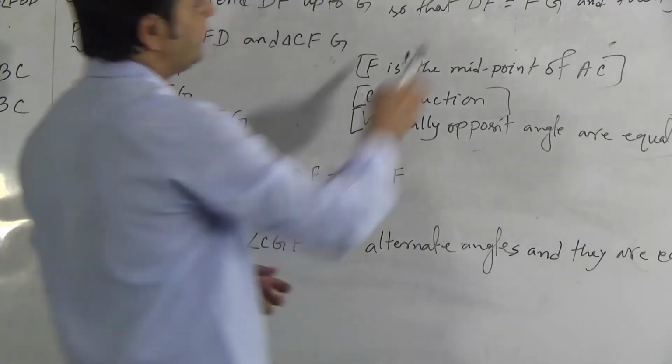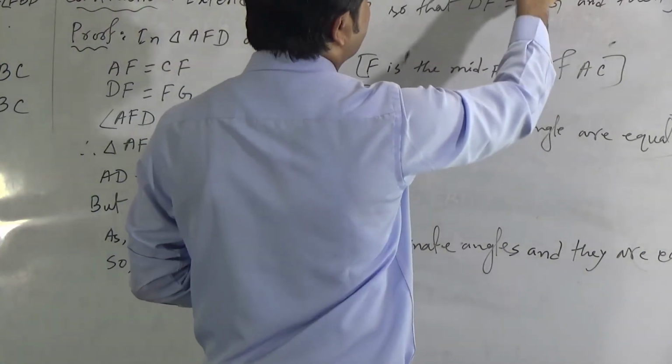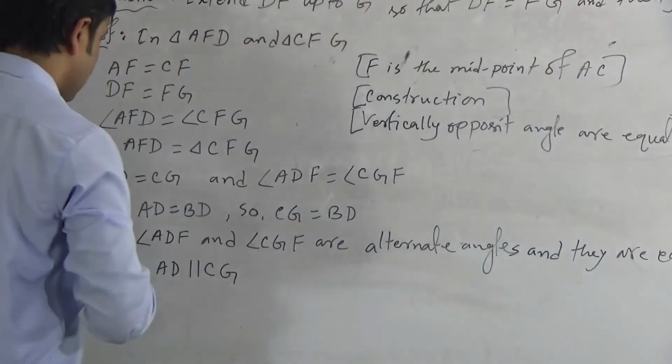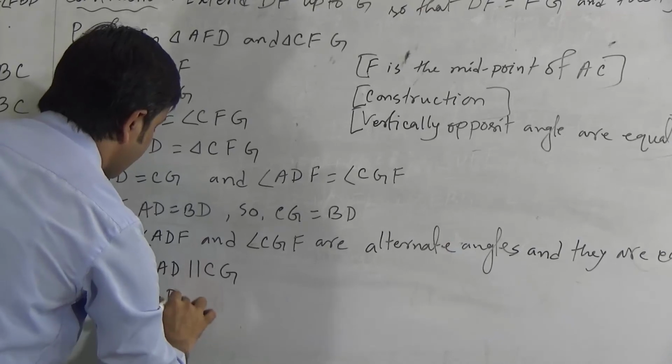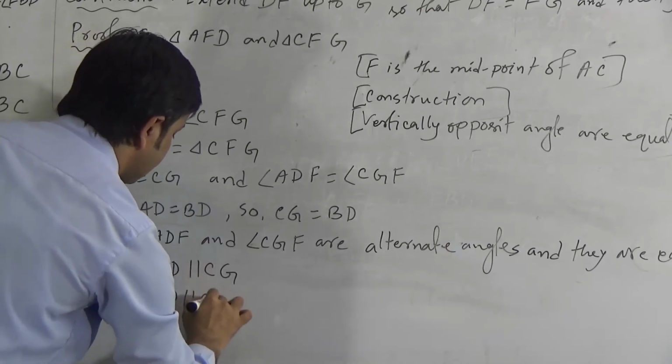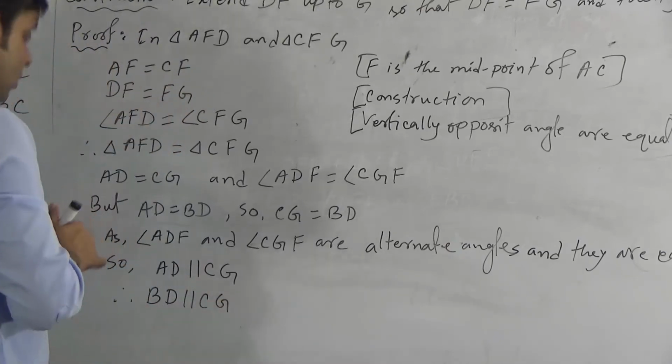So AD is parallel to CG. As AD and CG are parallel, we can say BD and CG are parallel. Therefore, BD is parallel to CG.